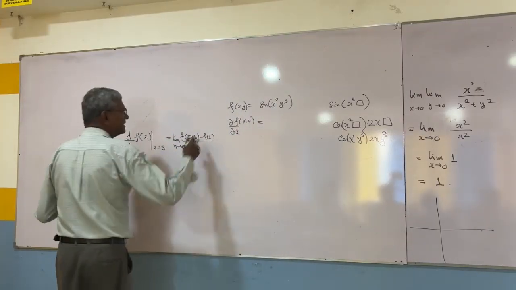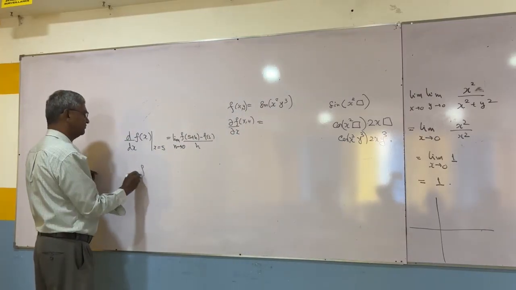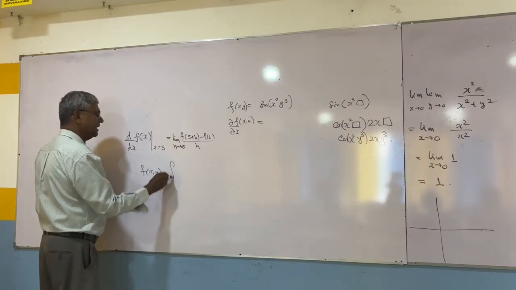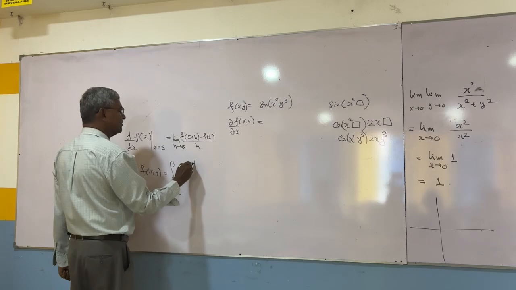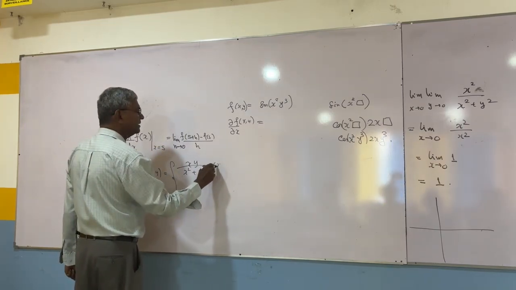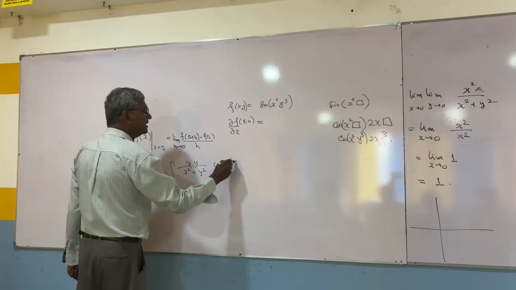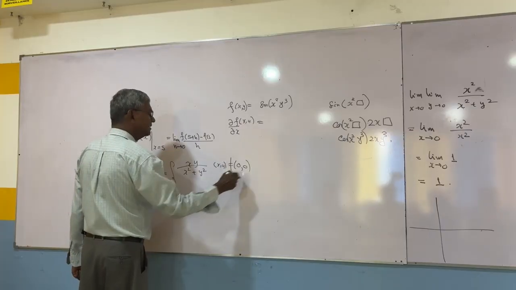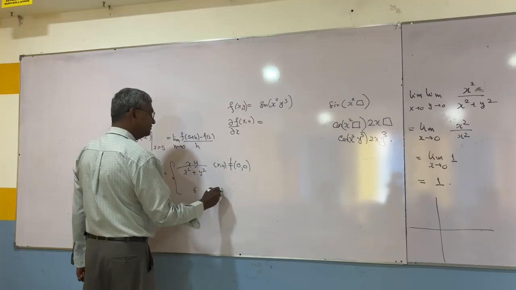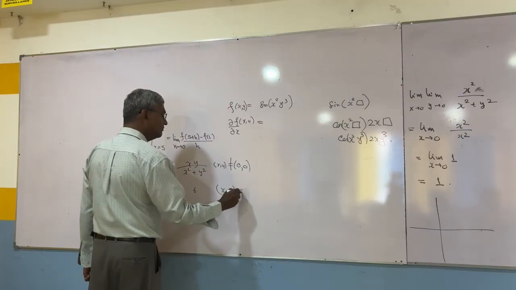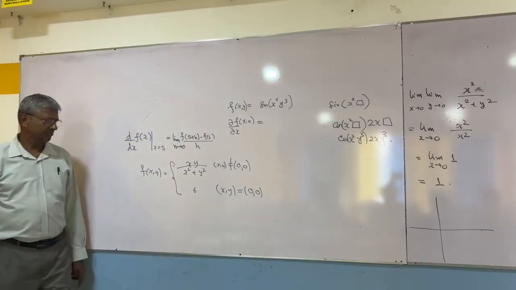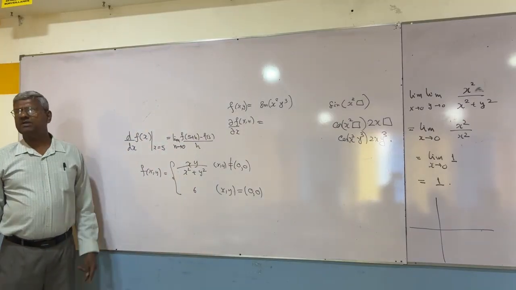Similarly now, suppose you have f(x,y), some function, say xy divided by x squared plus y squared if (x,y) is not equal to the origin, and if (x,y) is equal to the origin, let's say 6. This is a two variable function.